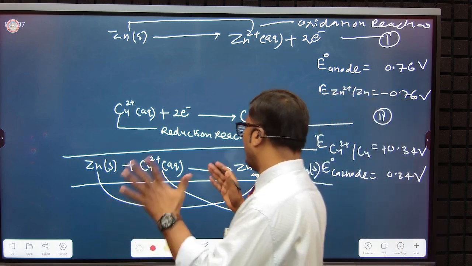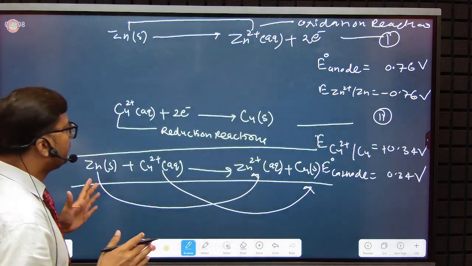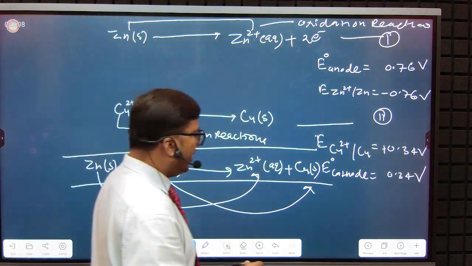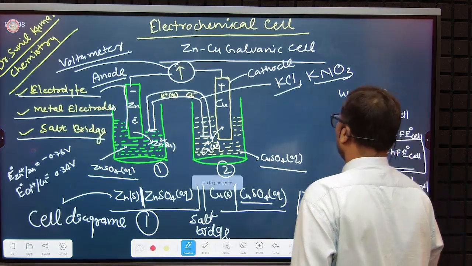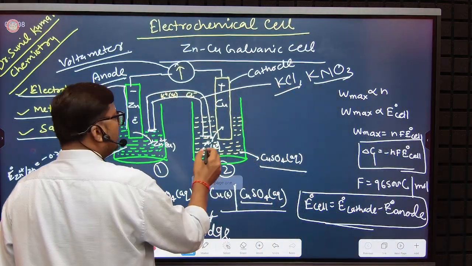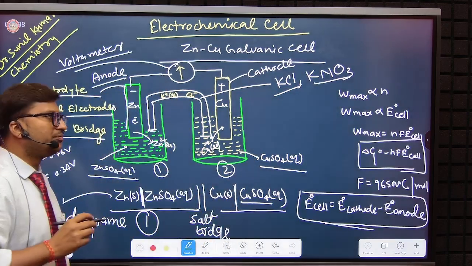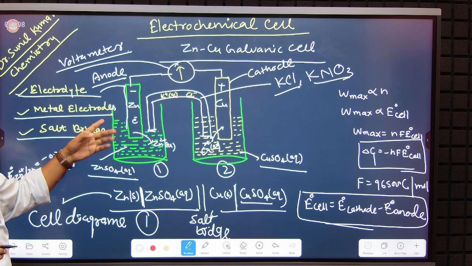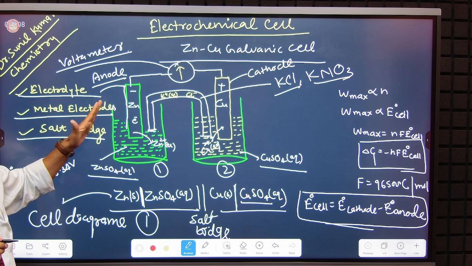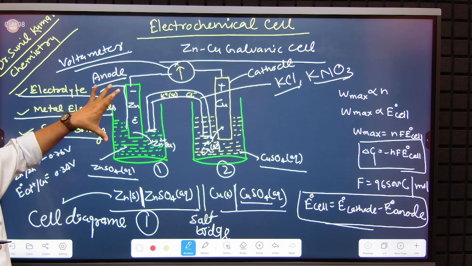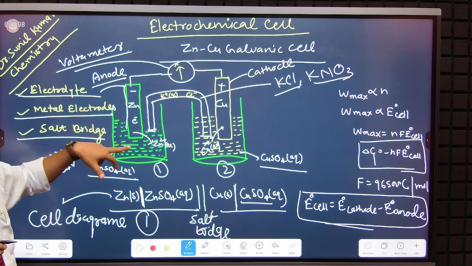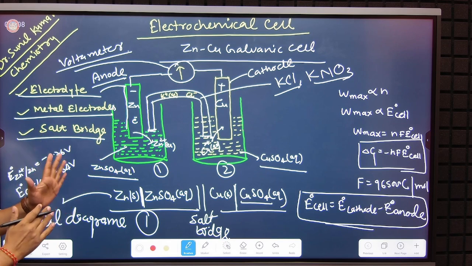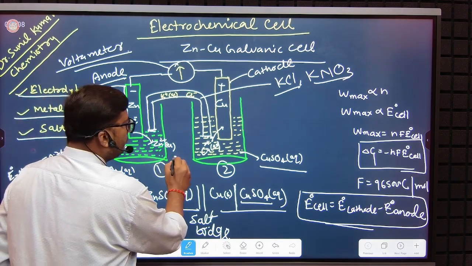So here in one case the concentration of the zinc sulfate solution increases, and in the other case the concentration of the copper sulfate solution decreases, right? In this case, since zinc 2+ is removed from this surface and goes into this solution, the concentration of zinc sulfate solution increases here, right?